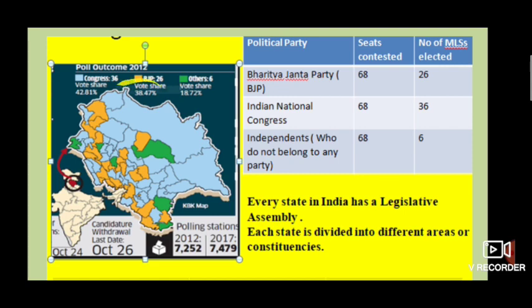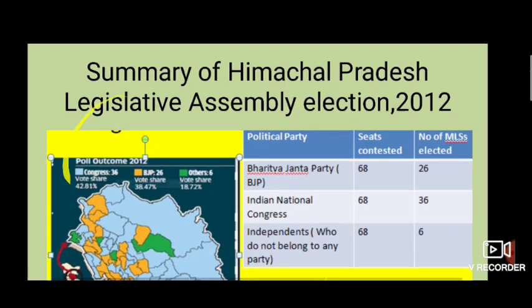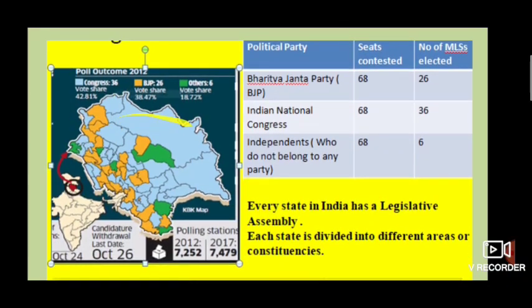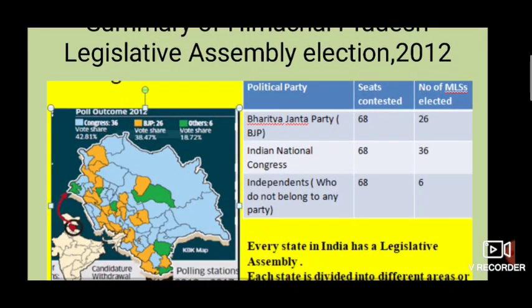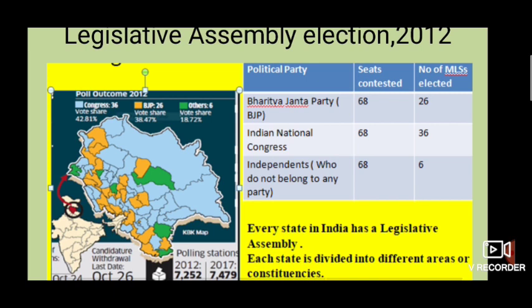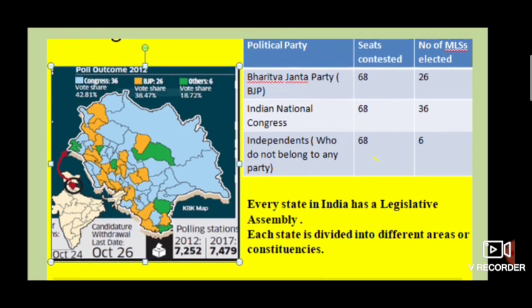Now, overall in Himachal Pradesh, which party's MLAs will get more votes? In order to gain a majority in an election, a political party needs to win more than 34 seats, as there are 68 constituencies.